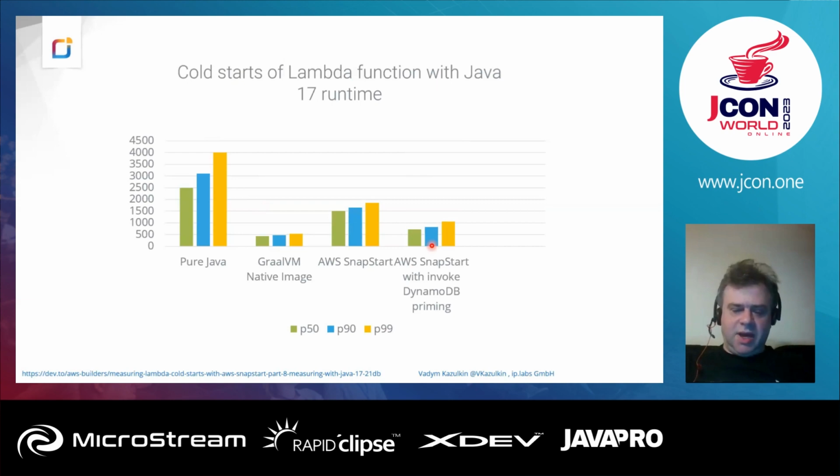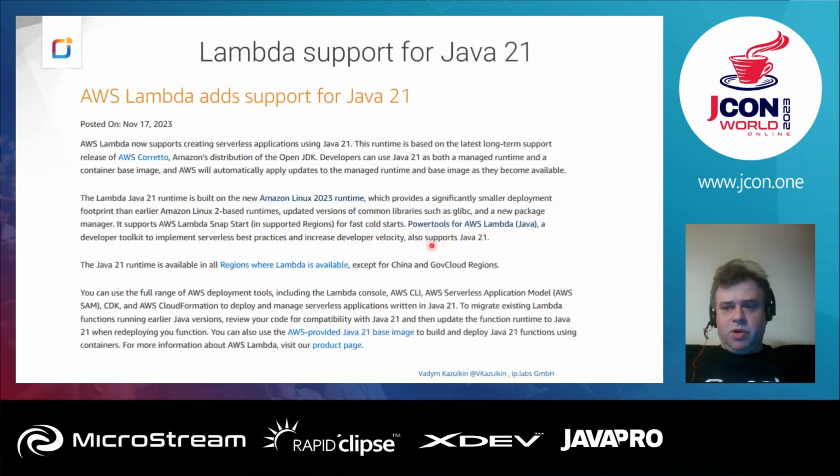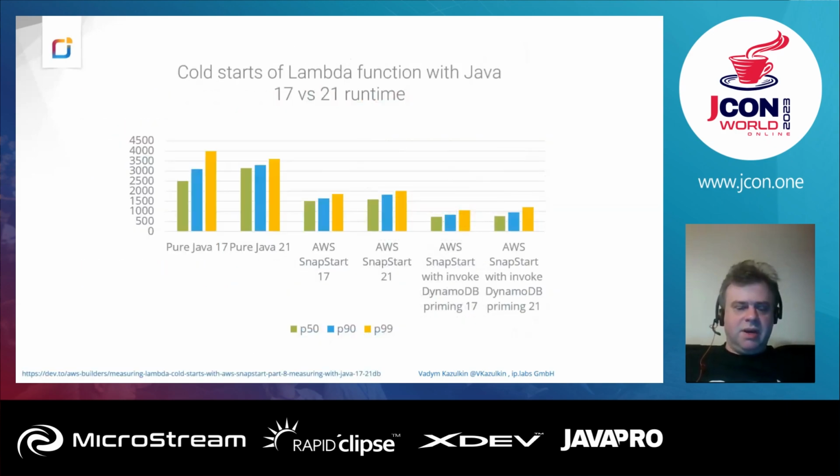Java 21 support was released last Friday. It was time for me to block the weekend again, not for my family, they don't hear, but for remeasuring. So now you see more or less the same result, similar for Java 17 and Java 21. This is for pure Java, so without GraalVM.